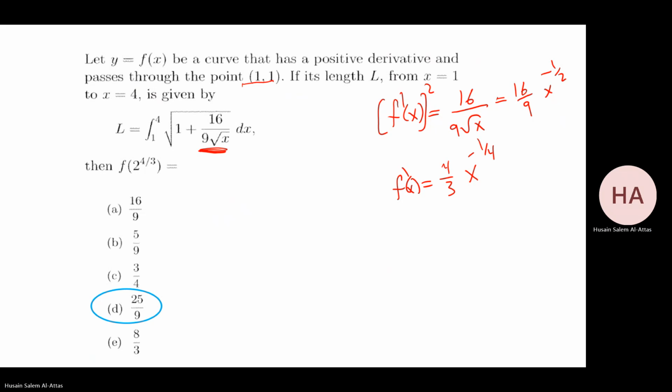Yeah. I just take the square root of this. Okay. So f of x will be 4 over 3 times, I add 1, that will be 3 over 4, so 4 over 3 times x to the power 3 over 4.